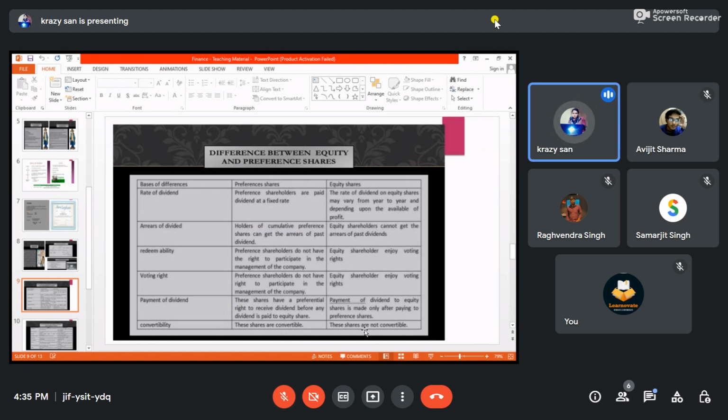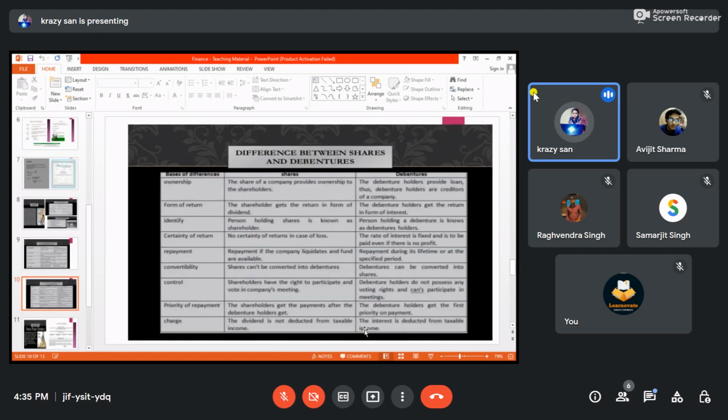Preference shares are convertible. They can be converted into equity shares anytime, or sold to another person. But equity shares cannot be converted into preference shares. They remain equity shares, but can be easily transferred or sold to another person.